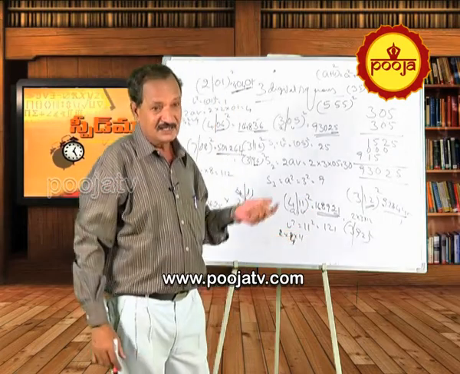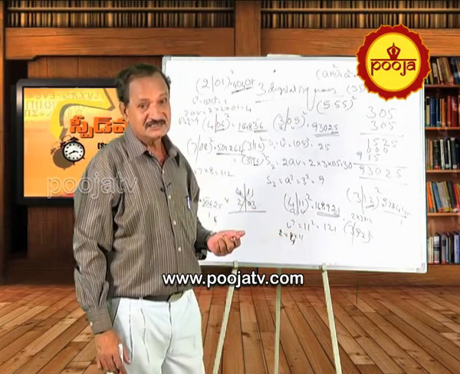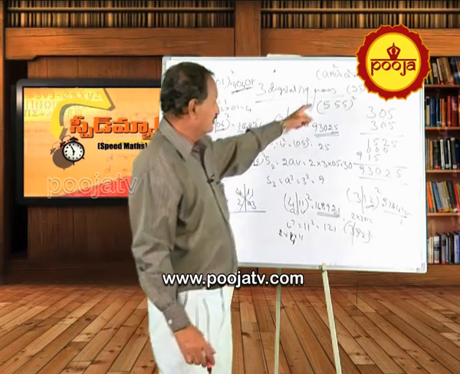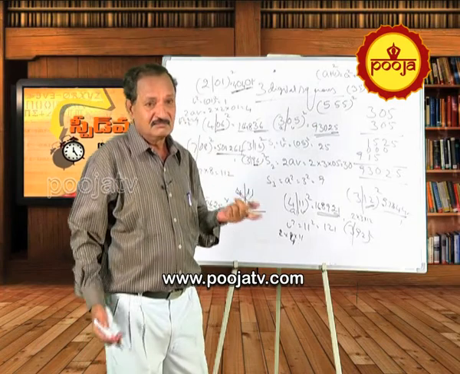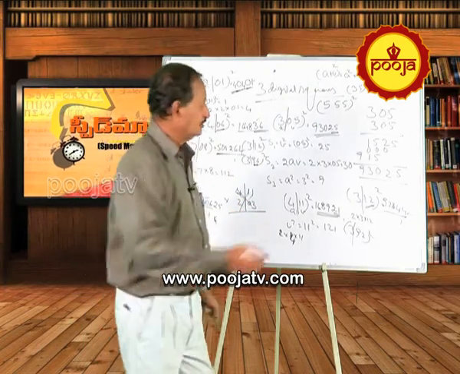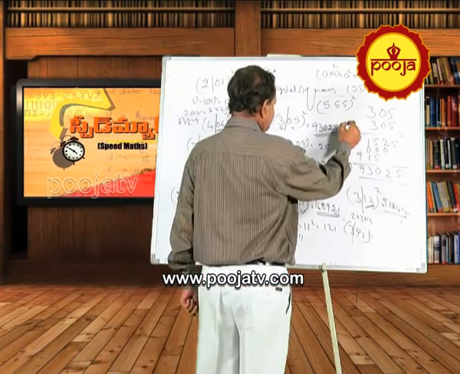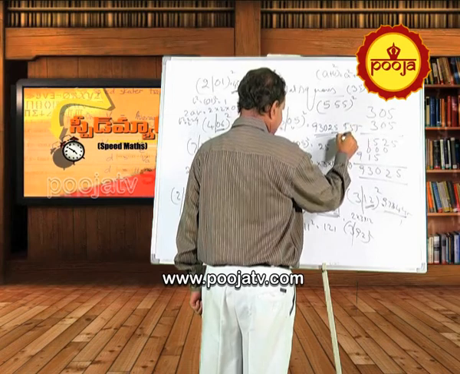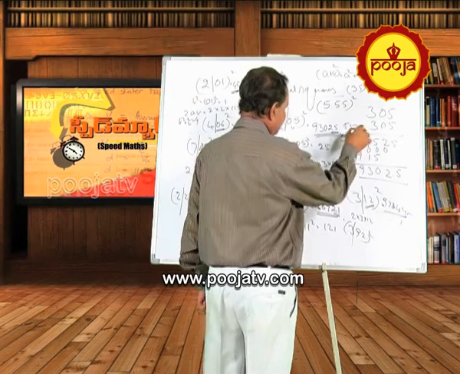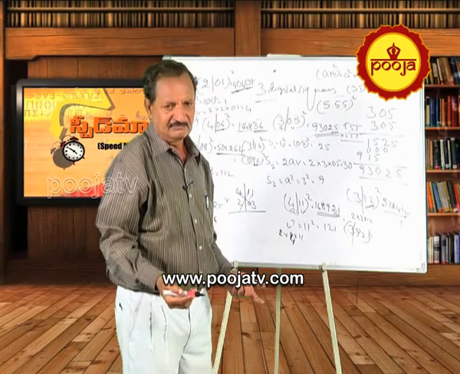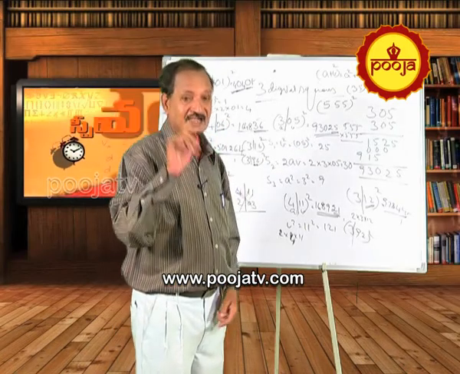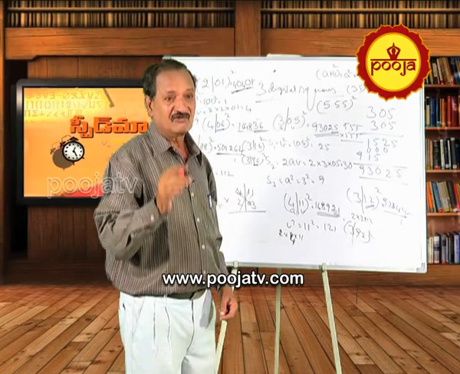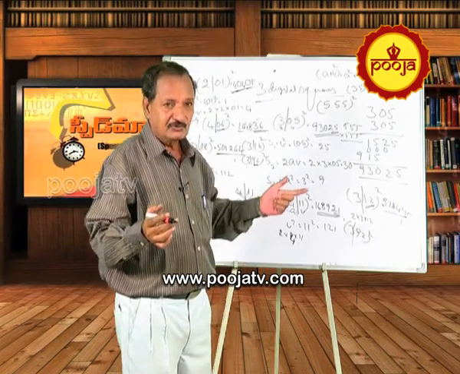Tell me, can anybody imagine how it can be done within a few seconds? What you have to do? You have to give slash and you should be able to square this. But generally what to do? There is no other way. So you write 555 into 555 and use the crisscross method or multiply. That is the only way, because you cannot give slash. But instantaneously I thought for a second, immediately I got an idea how to do this.